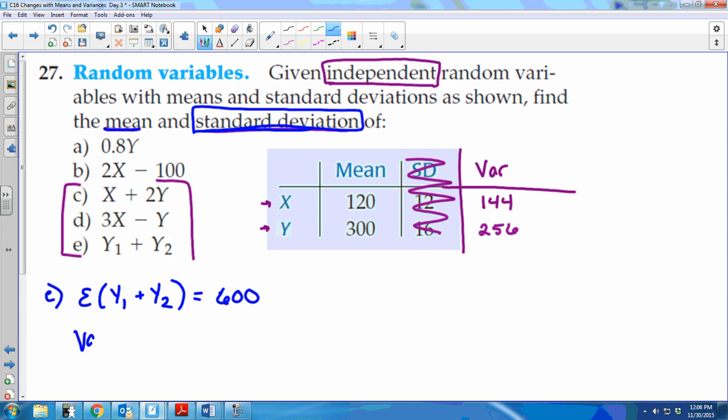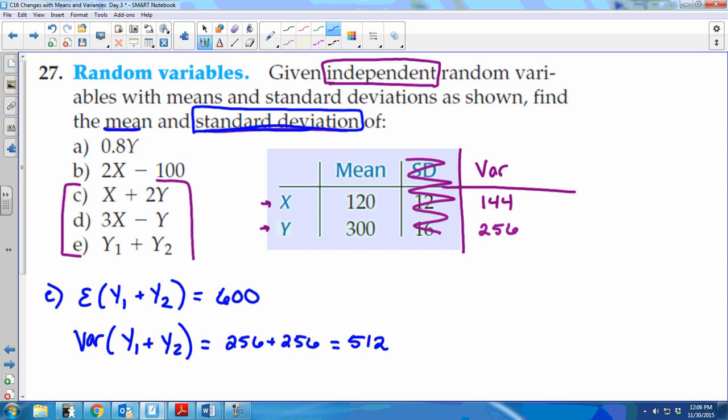And then for the variances, we add variances. There's no constant being multiplied here. So we can just add 256 plus 256, which Jacob is being the calculator today. Y plus Y is different from 2 times Y in this situation.